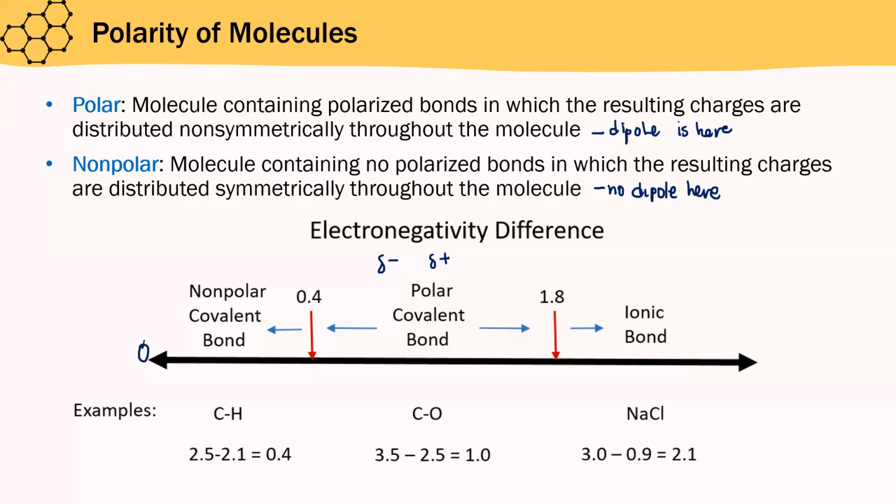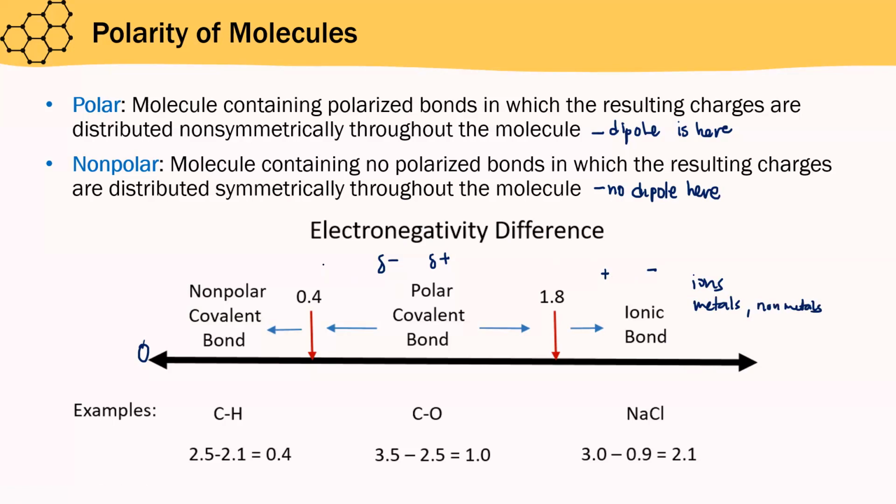So any difference of 1.8 and above, you have an ionic bond. Instead of having partial positive and partial negative, you just have a fully charged positive and a fully charged negative ion. This is the time when they become ions. Again, this is common for metals and non-metals.